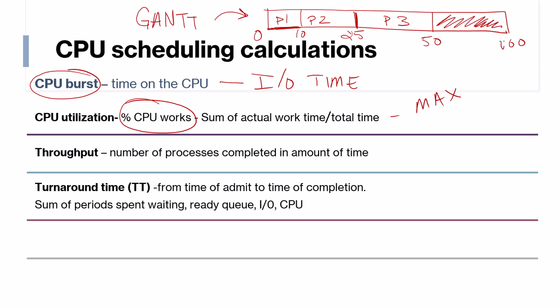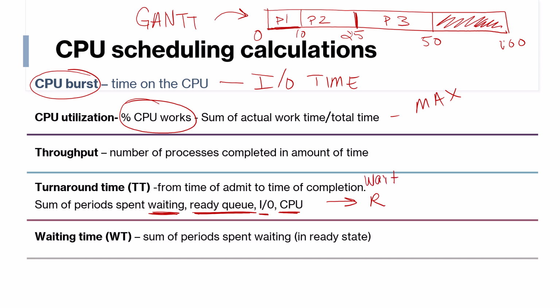Turnaround time. Turnaround time is the sum of periods spent in the ready queue waiting for the CPU, possibly in I/O, and on the CPU. So a process comes in, gets admitted, it's ready. This is going to accumulate wait time. The first time that it waits is going to be called its response time.